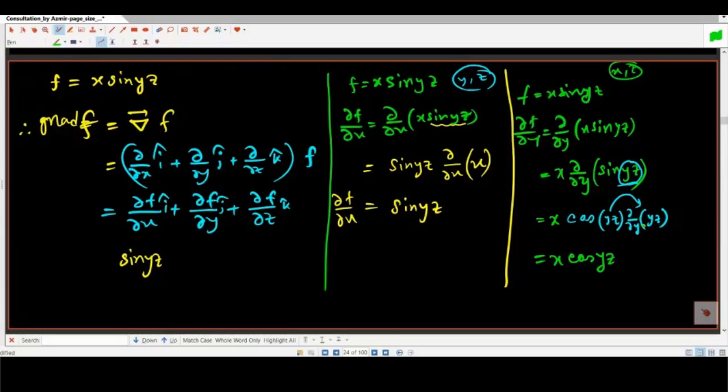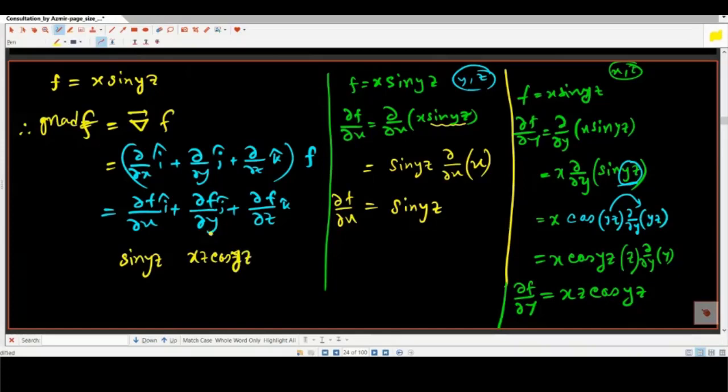Now differentiation of yz, z is constant, so z can be pulled out. Differentiation of y is 1. So we have xz cosine yz. This is ∂f/∂y.